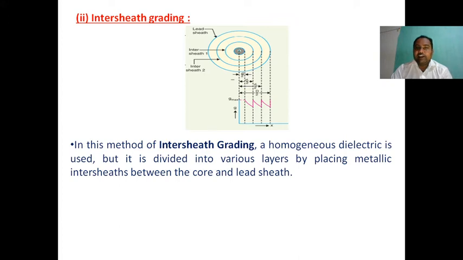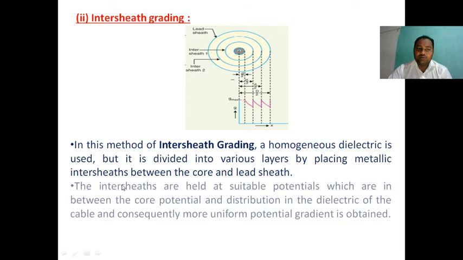Here, with the same dielectric material, depending upon the voltage we place it layer by layer. To achieve uniformity of dielectric stresses, the intersheaths are held at suitable potentials, which are in between the core potential and the distribution in the dielectric of the cable, and consequently a more uniform potential gradient is obtained.